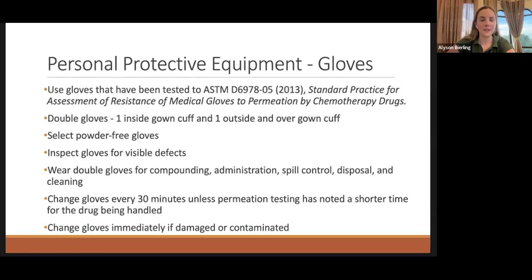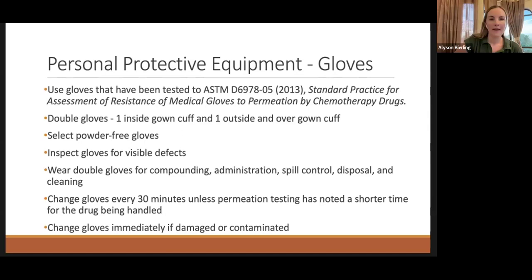And we should be wearing gloves when we are mixing or compounding chemotherapy, when we are administering chemotherapy, when we're handling spills, when we're disposing of chemotherapy, and cleaning any areas where that might be contaminated with chemotherapy.